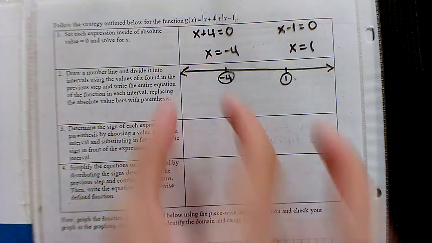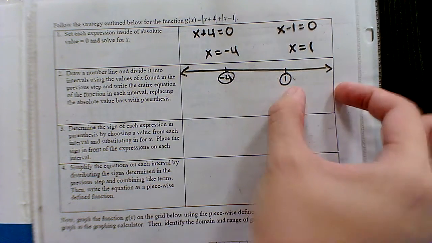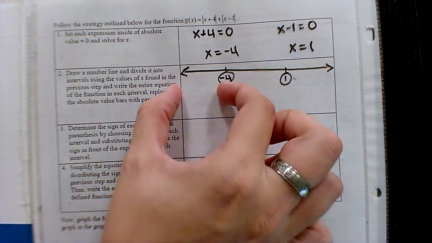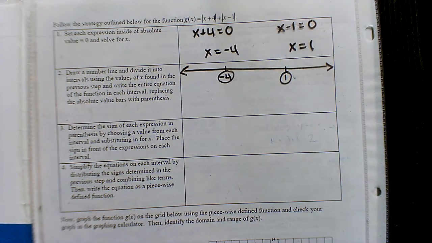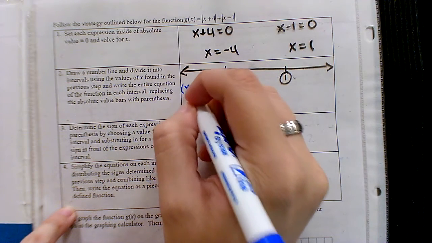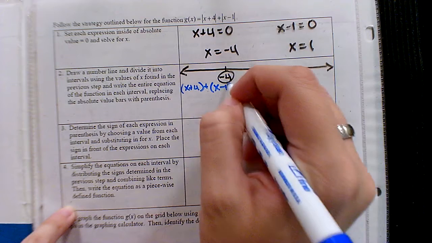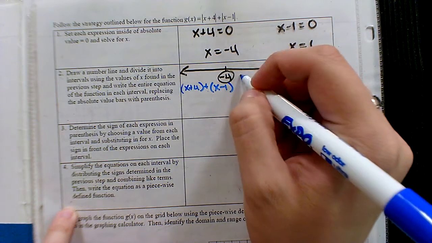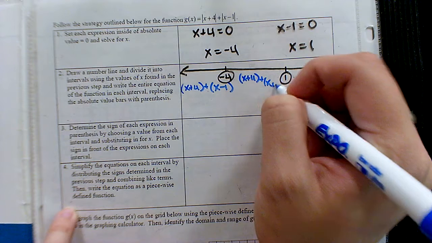So we have 3 sections: negative infinity to negative 4, negative 4 to 1, and then 1 to infinity. Inside each of those intervals, we're going to rewrite the original problem, but instead of absolute values, we're going to use parentheses: parenthesis x plus 4 plus parenthesis x minus 1, inside each interval.